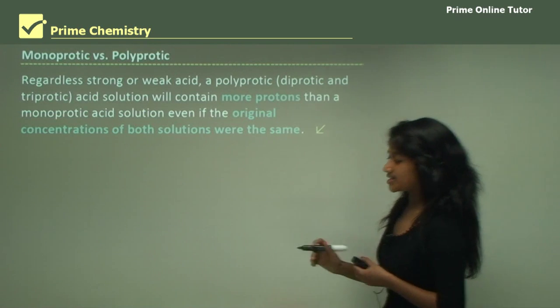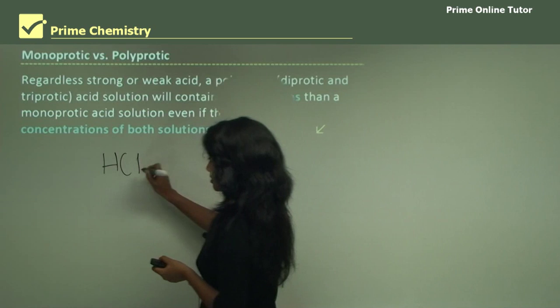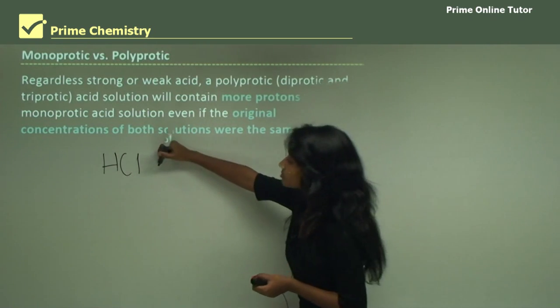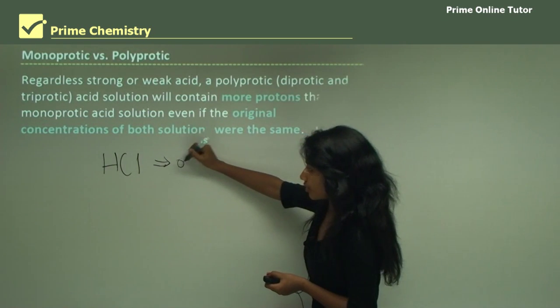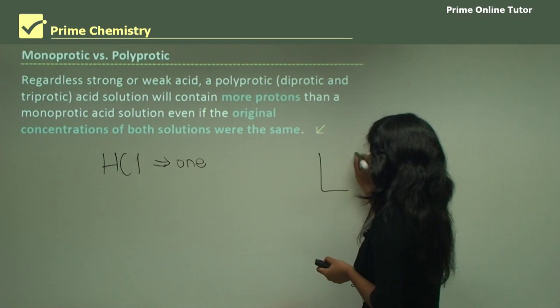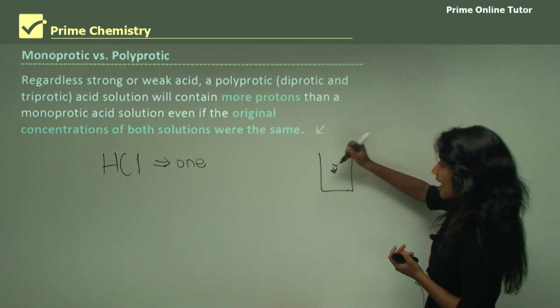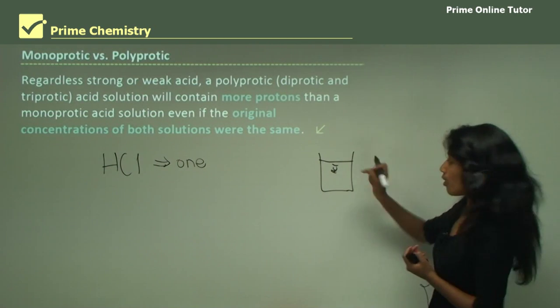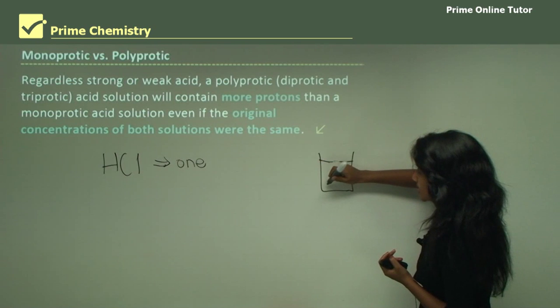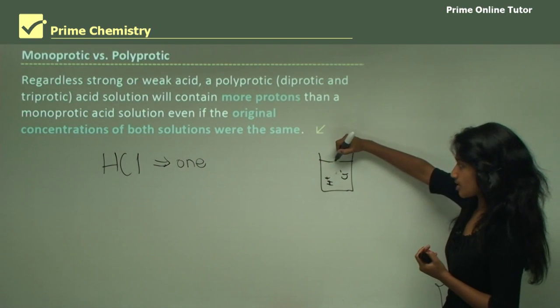Now what this means is, for example, let's consider HCl. HCl has one proton that it can donate. In other words, if a beaker was to contain, let's say, one HCl molecule, and this goes into aqueous form, it'll dissociate and it'll form one H plus and one Cl minus.